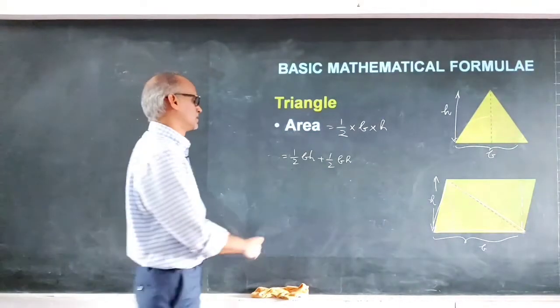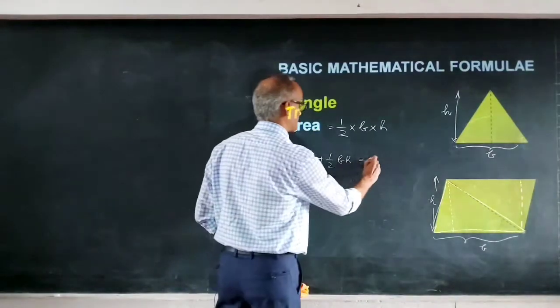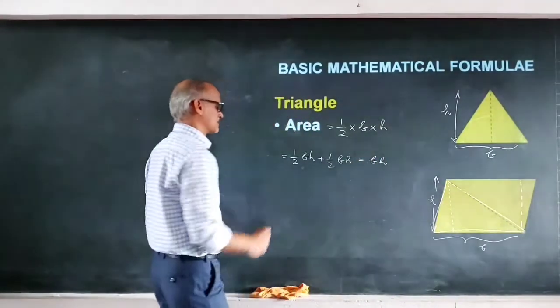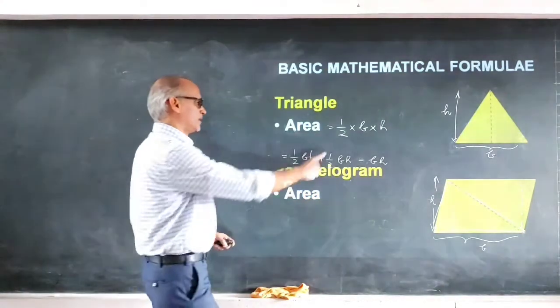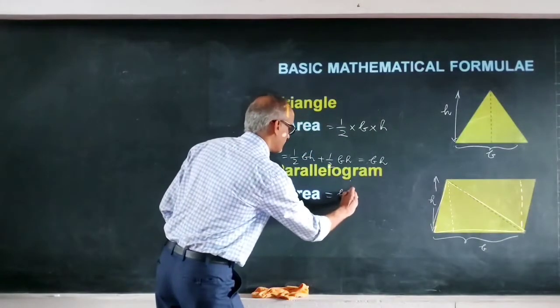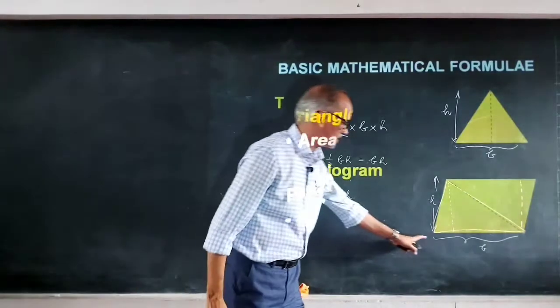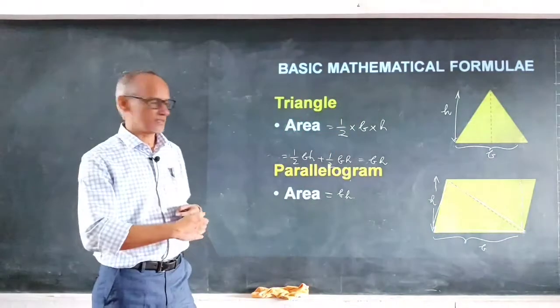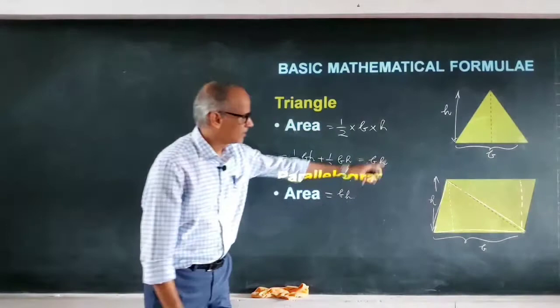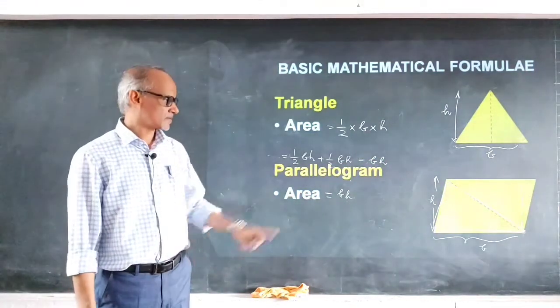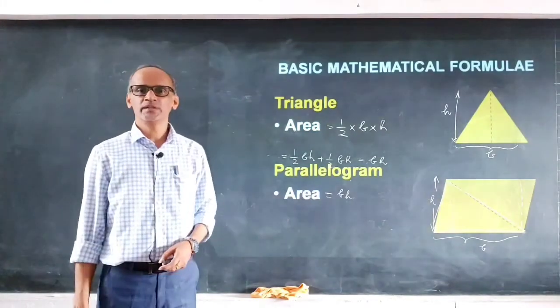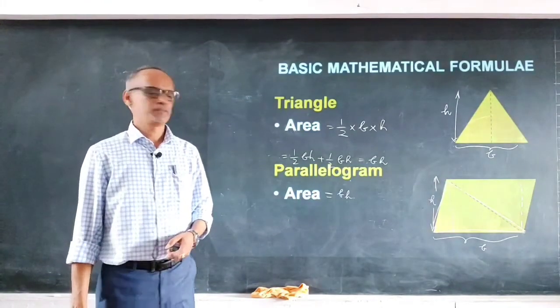So what is the total? The total is half BH plus half BH, which is nothing but B into H, and that is the area of the parallelogram. Where B is the base, or one of the sides. H is the perpendicular distance, called the height. So BH is the area of the parallelogram.